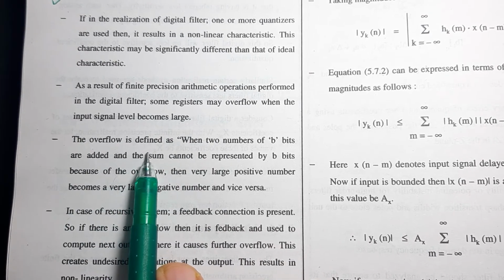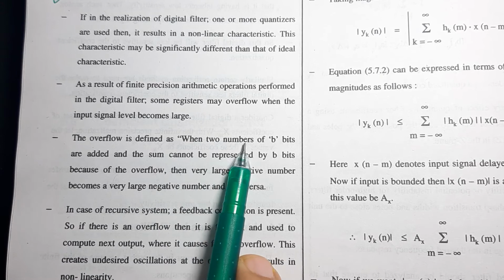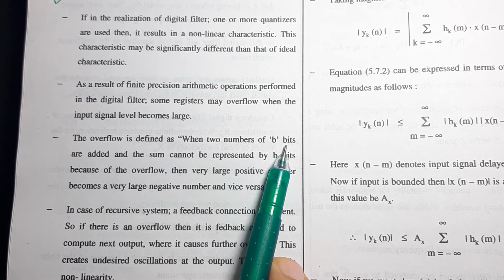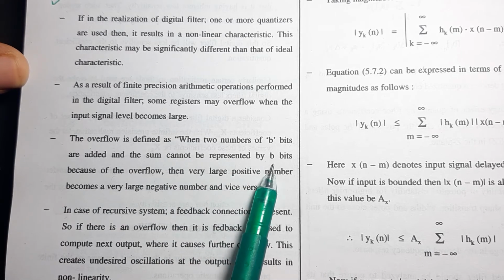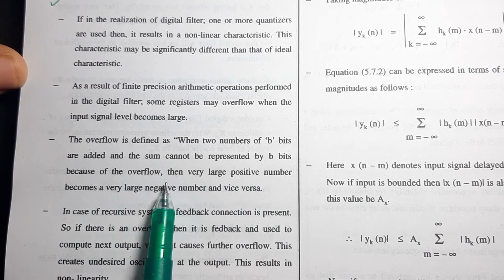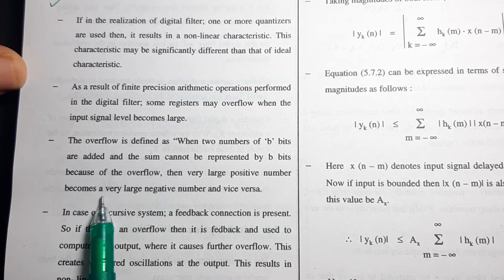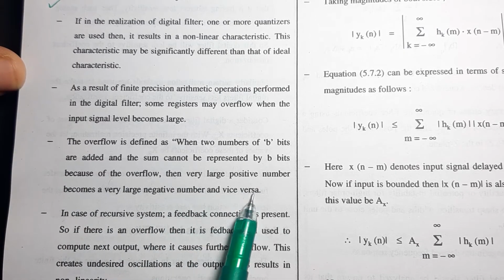The overflow is defined as when two numbers of b bits are added and the sum cannot be represented by b bits, then a very large positive number becomes a very large negative number and vice versa.